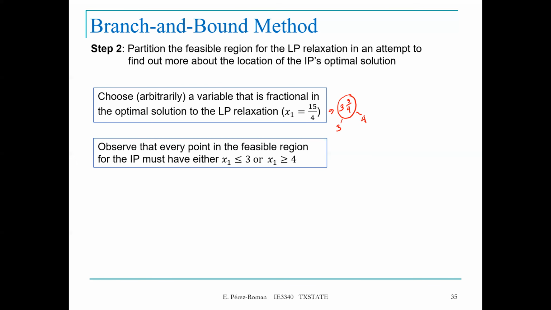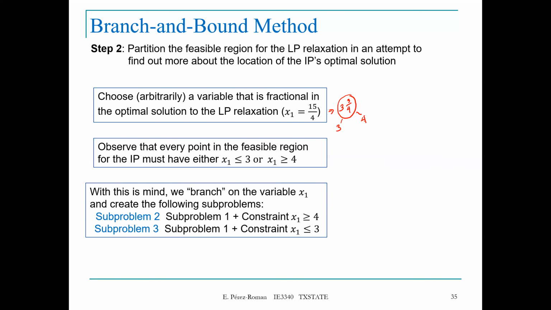So observe that every point in the feasible region for the IP has to be less than or equal to 3 or greater or equal to 4. So that's where we are going to partition the feasible region for this problem. With this in mind, we branch on the variable x1 and create the following subproblems.